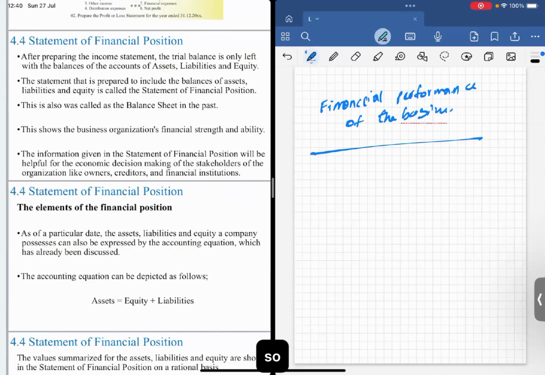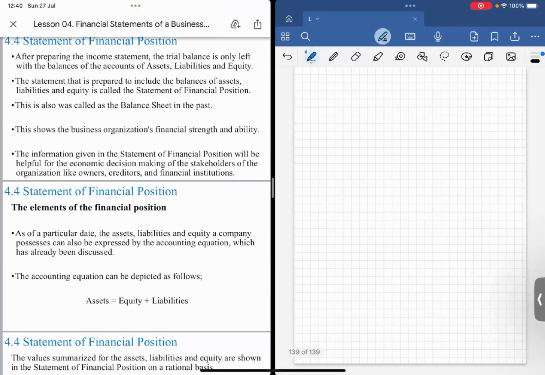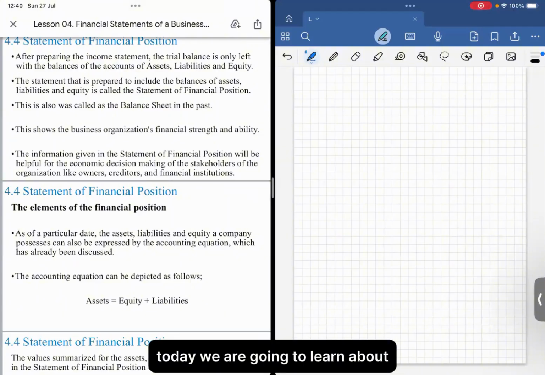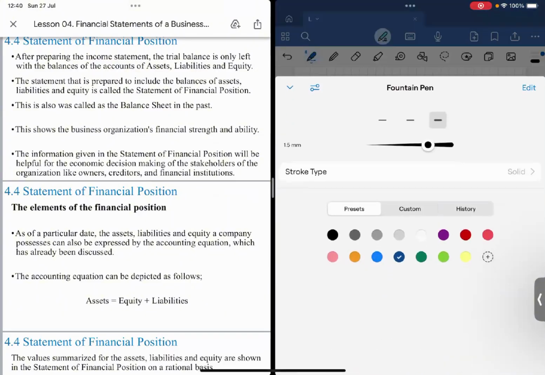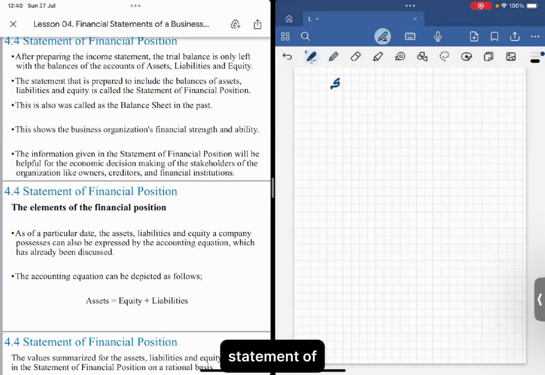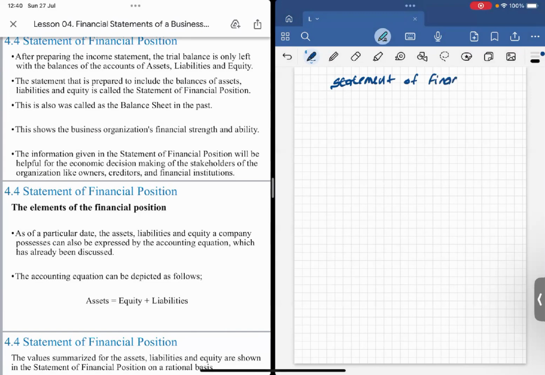So today we are going to learn about the statement of financial position.